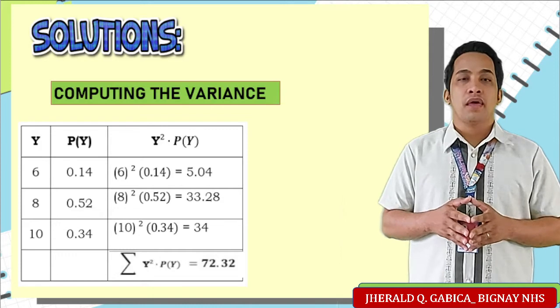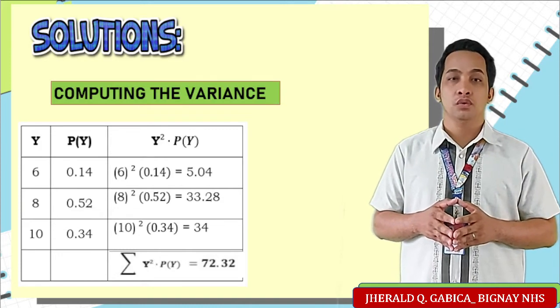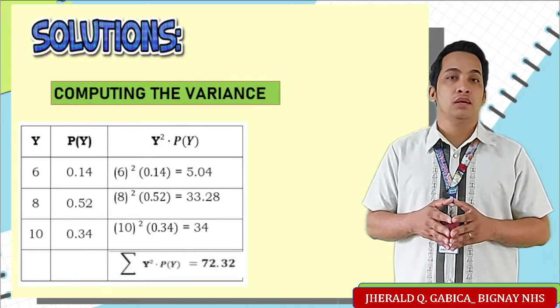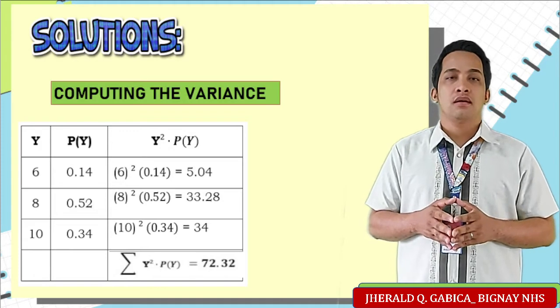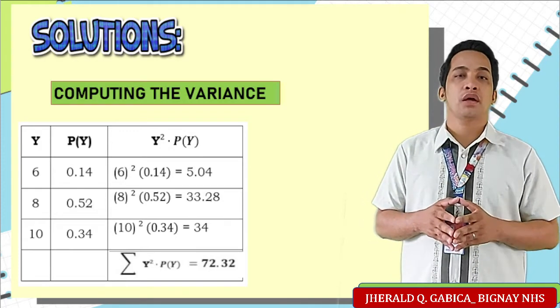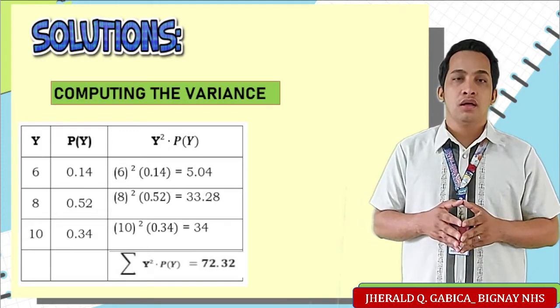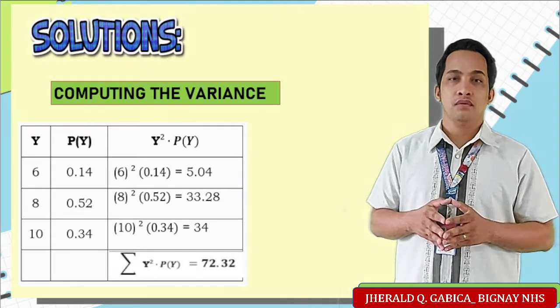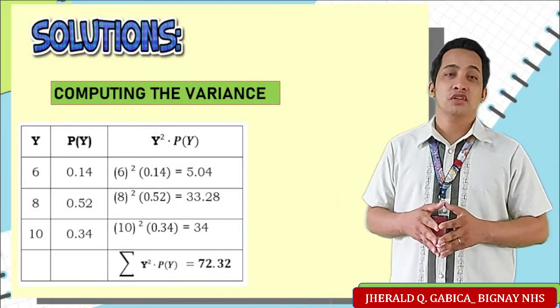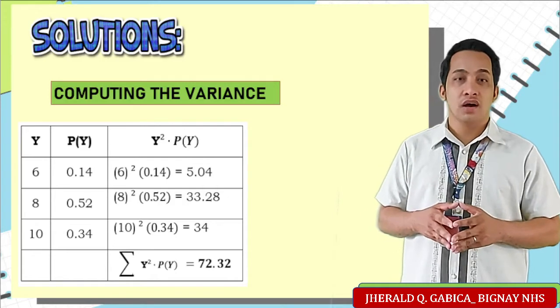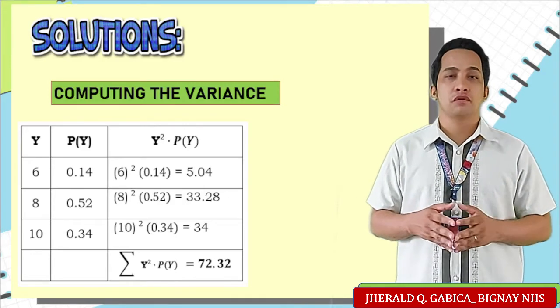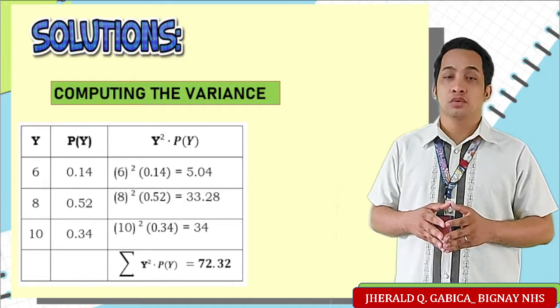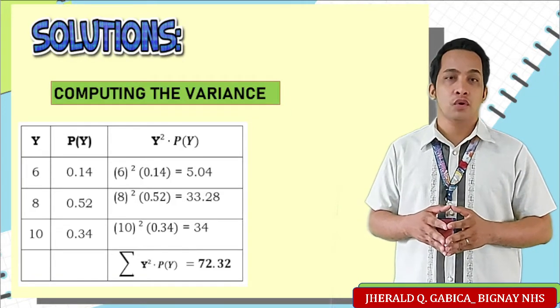For 8, 8 squared times 0.52, that is equal to 33.28. And for 10, we have 10 squared times 0.34, that is equal to 34.